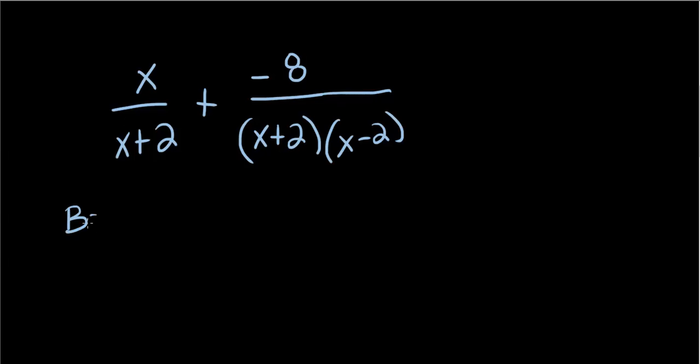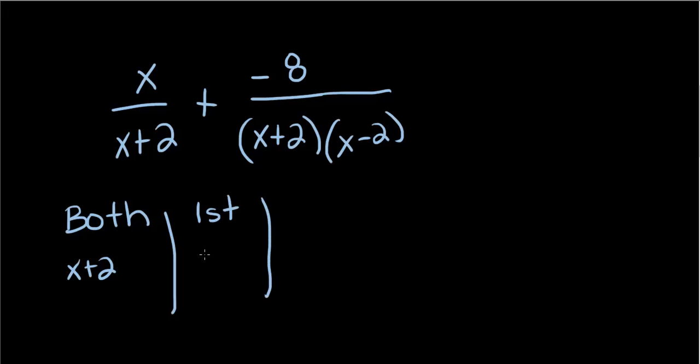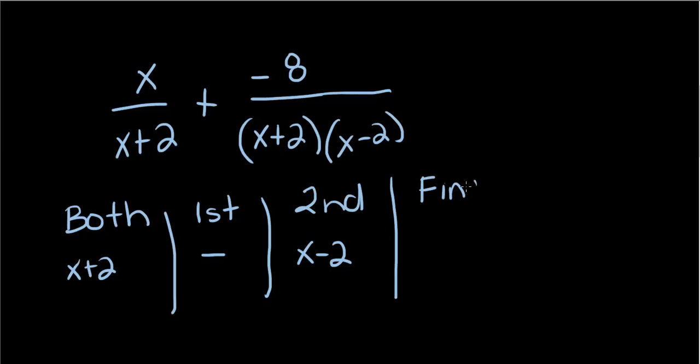Well, both of them have an x plus 2. The first one, that's all it has, so I don't have anything extra. On the second term, on top of the x plus 2, I have an x minus 2. So that means that the denominator that I'm going to be using is x plus 2 times x minus 2. So this is similar to the previous one.